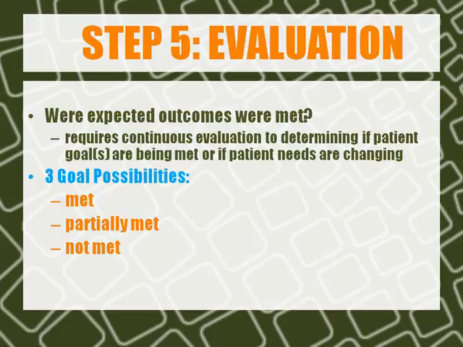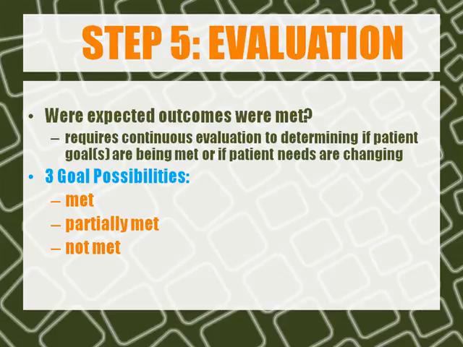Well, our goal was she would have pain less than 3 on a 1 to 10 scale within an hour. In an hour we'll go back and see, does she have pain less than 3? If she does, then we can say our goal was met. If she says it's still at a 3, we might say partially met. Or we could say not met if she complains of pain greater than 3 when we go back to evaluate.